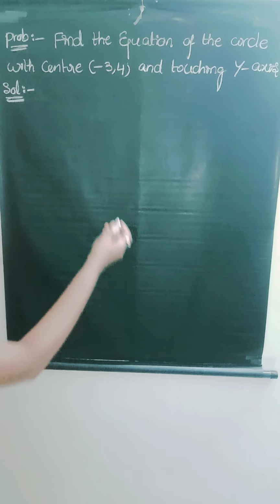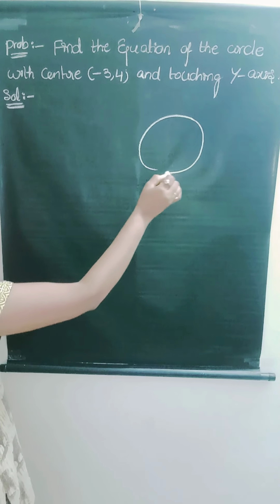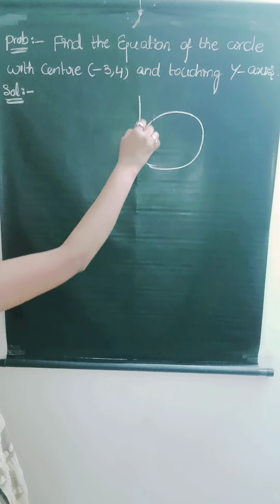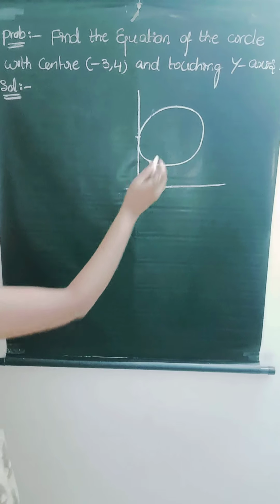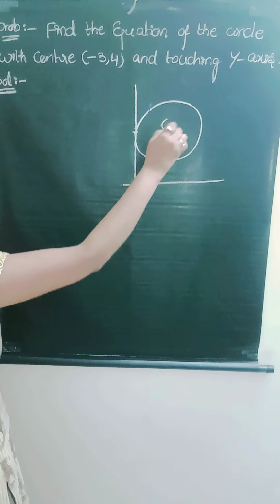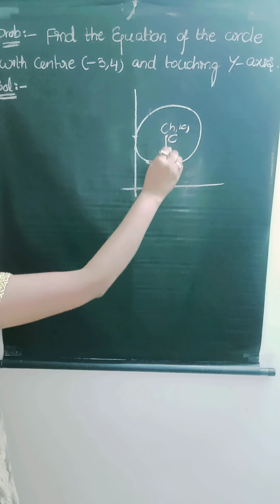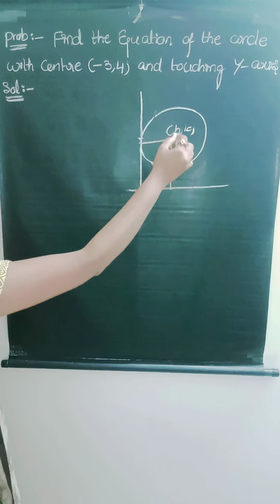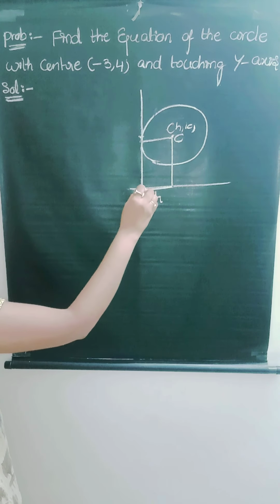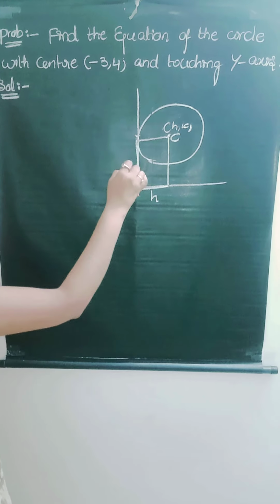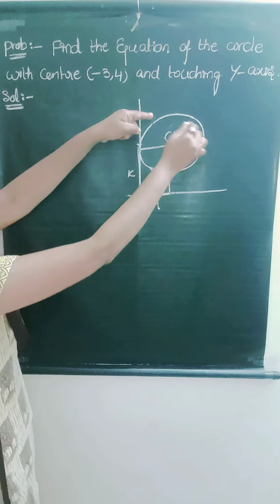So first we draw the circle. Given that the circle touches the y-axis, this is the y-axis and this is the x-axis. For example, C is equal to h comma k, the center of the circle. We take the distance h along the x-axis and the distance k along the y-axis, and the point of intersection of these two values gives the point h comma k.